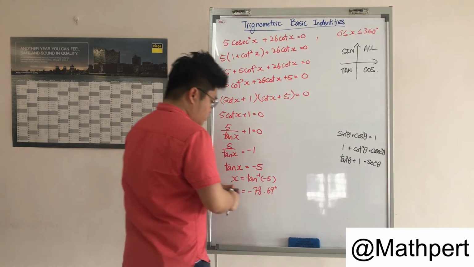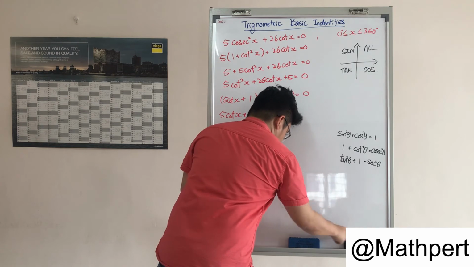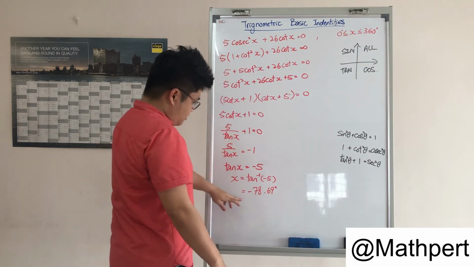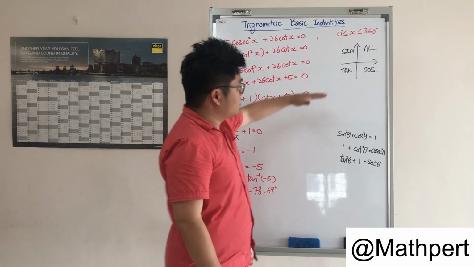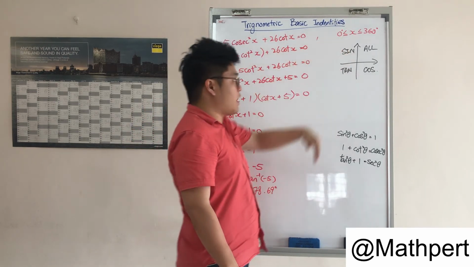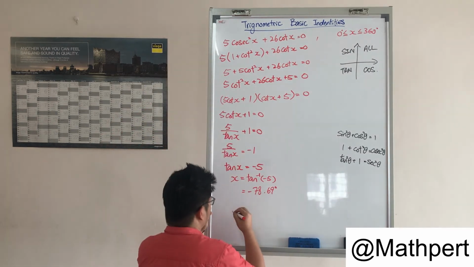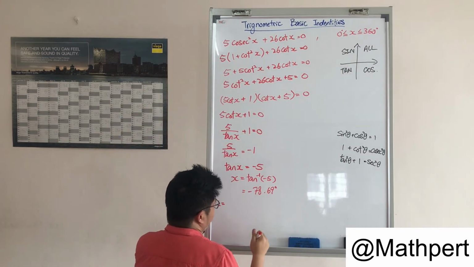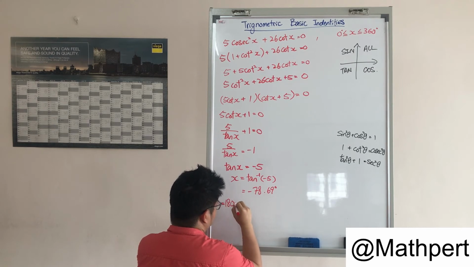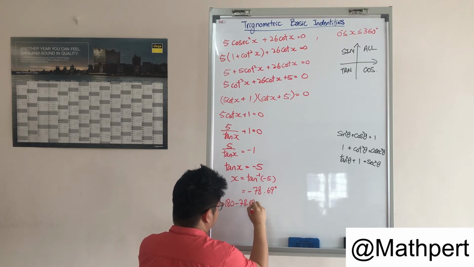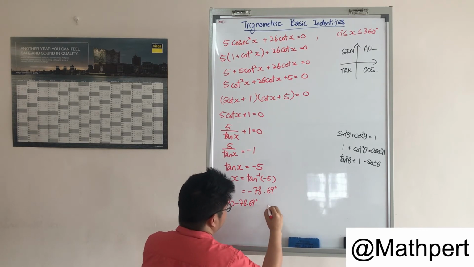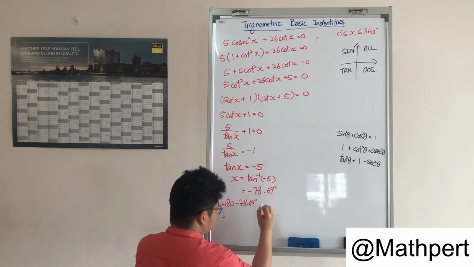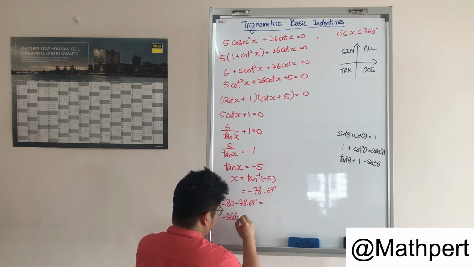So the reference angle is 78.69, and x is equal to 180 minus 78.69, and then 360 minus 78.69 degrees.